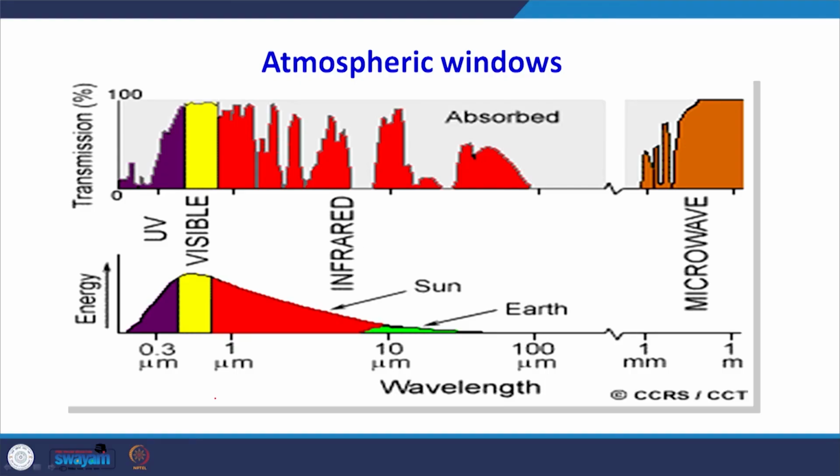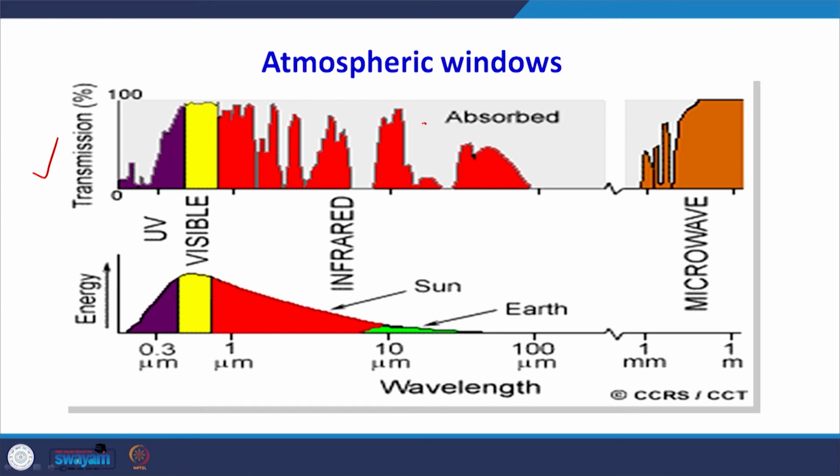If we draw the wavelength region on the x axis and transmission on the y axis, we can see that there are certain regions where transmission is maximum, and certain regions where there is absolutely no transmission and absorption is more.